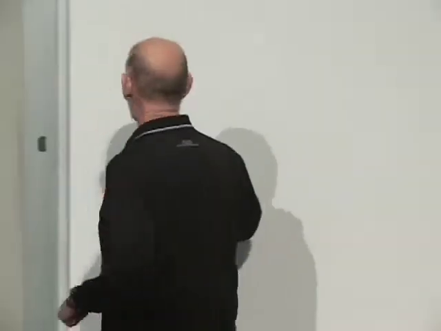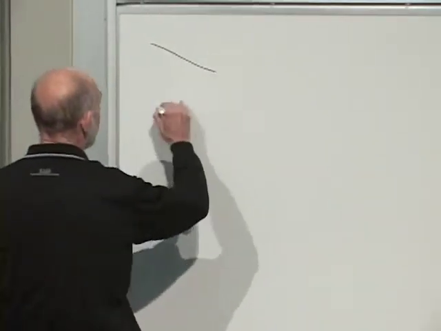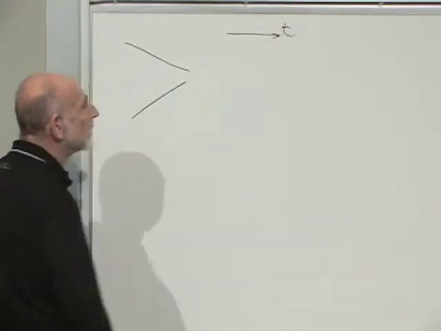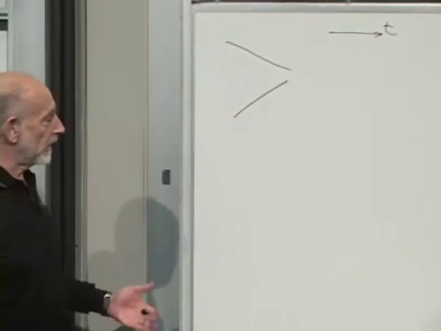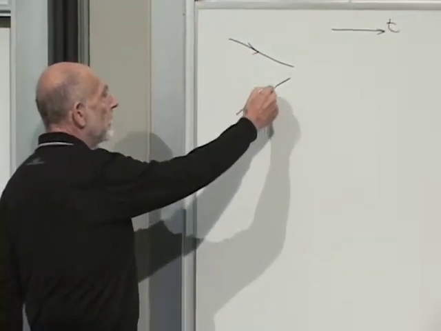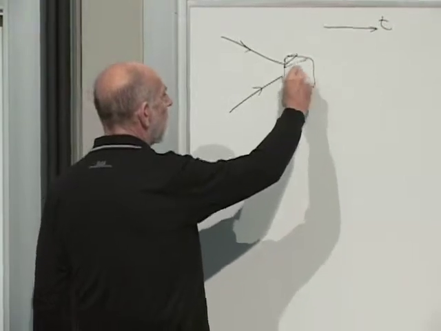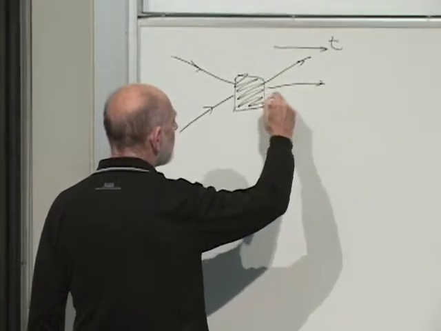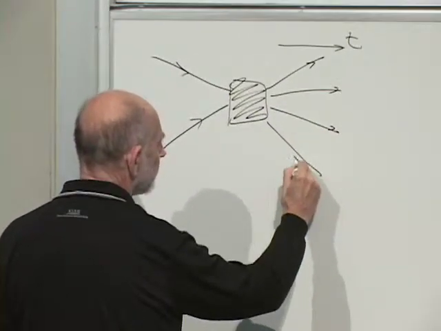You have some incoming particles that are part of your incoming information. I'm going to have time running this way tonight, horizontally instead of vertically. I don't know why. Variety. Particles come in. Something happens inside a black box, and particles go out. Not necessarily the same number of particles.